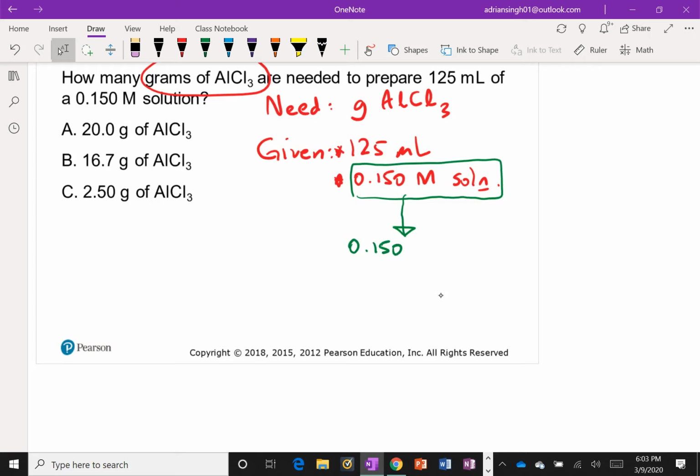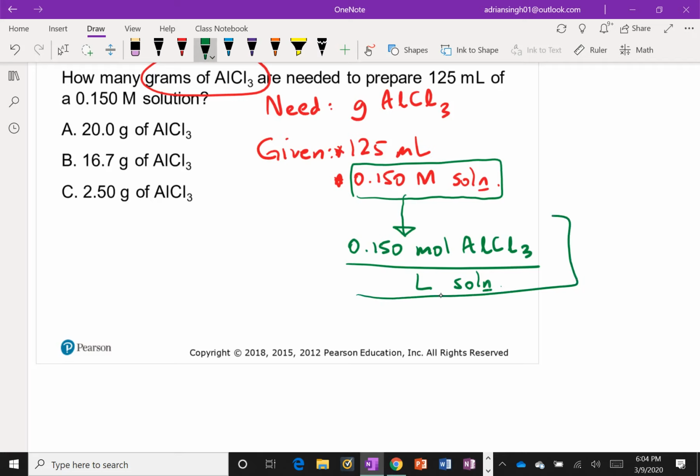That means I have 0.150 moles of whatever solute it is. In this case, it's aluminum chloride for every liter of the solution, right? This is often the biggest stumbling block in these types of problems. How do you turn the concentration into a form that's useful? Well, what does the molarity actually mean? It's moles of solute per liters of solution. So we're going to use this.